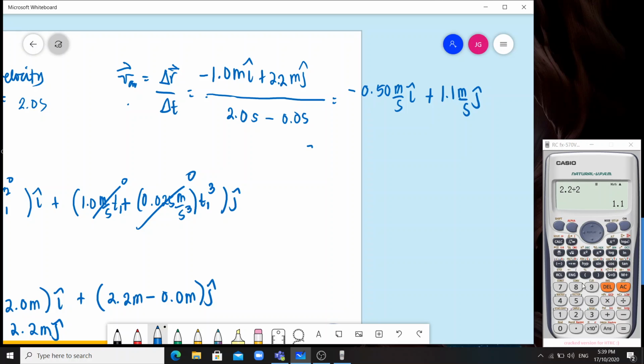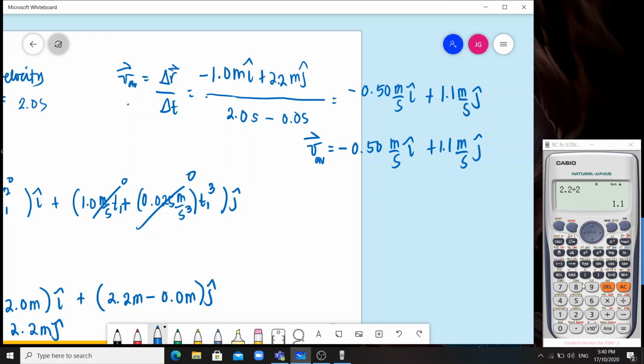So, ito na yung average velocity niya. Okay. Yan na yung average velocity. Okay? So, yan lang naman yung kinukuha sa letter B.